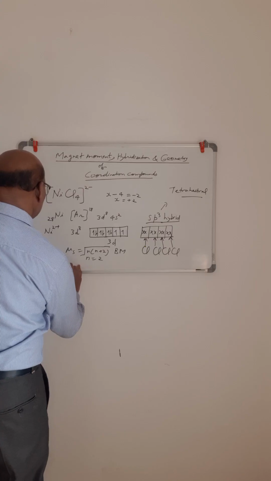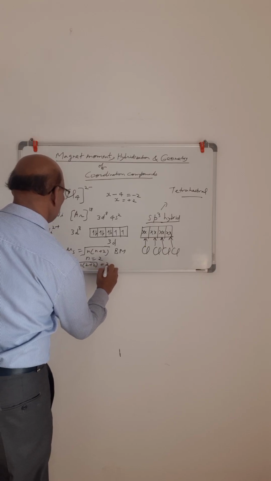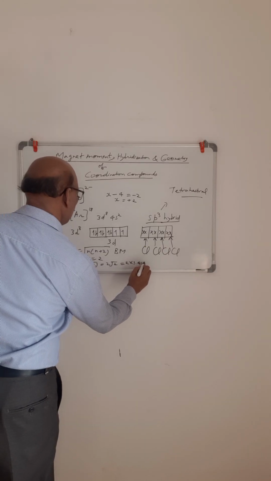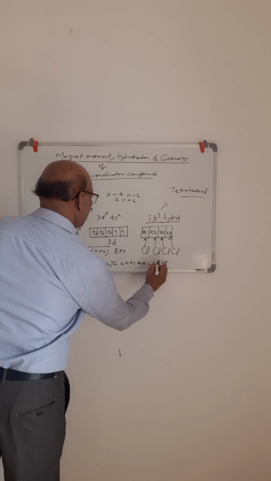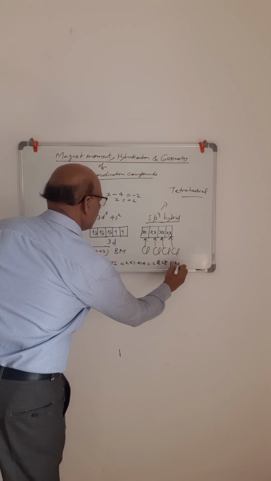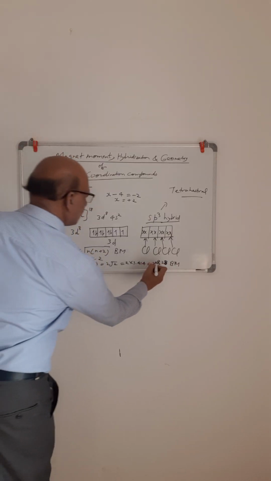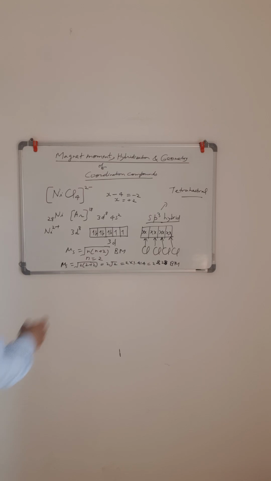This spin only magnetic moment is equal to under root 2 into 2 plus 2, that is nothing but 2 under root 2, that is 2 into 1.414, that is 2.828, this much Bohr magneton. So that is how we can find out the value of spin only magnetic moment and the geometry based on the hybridization.